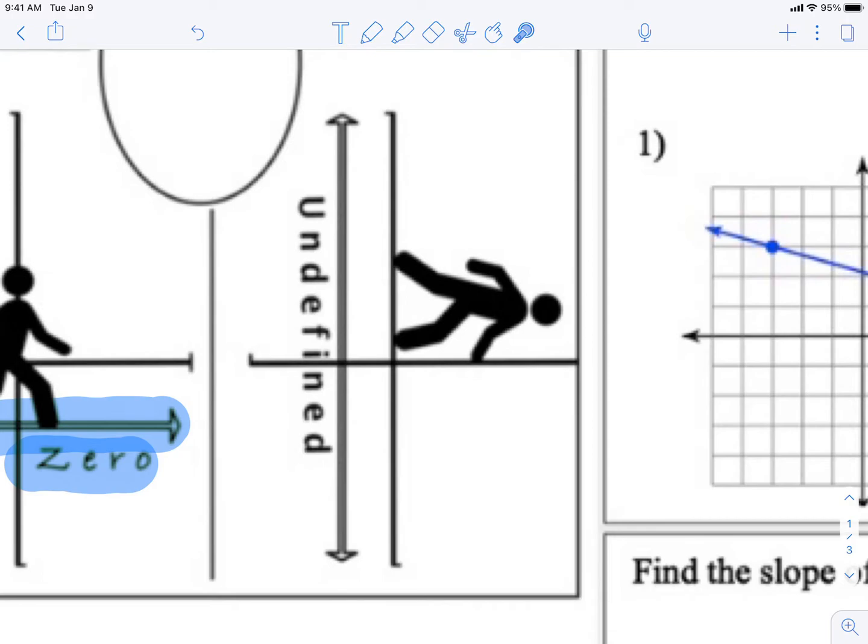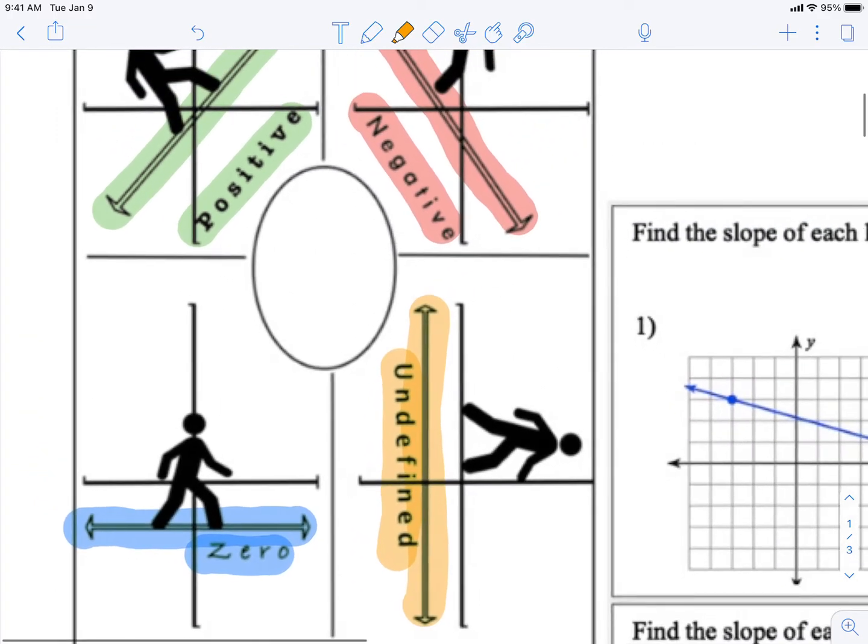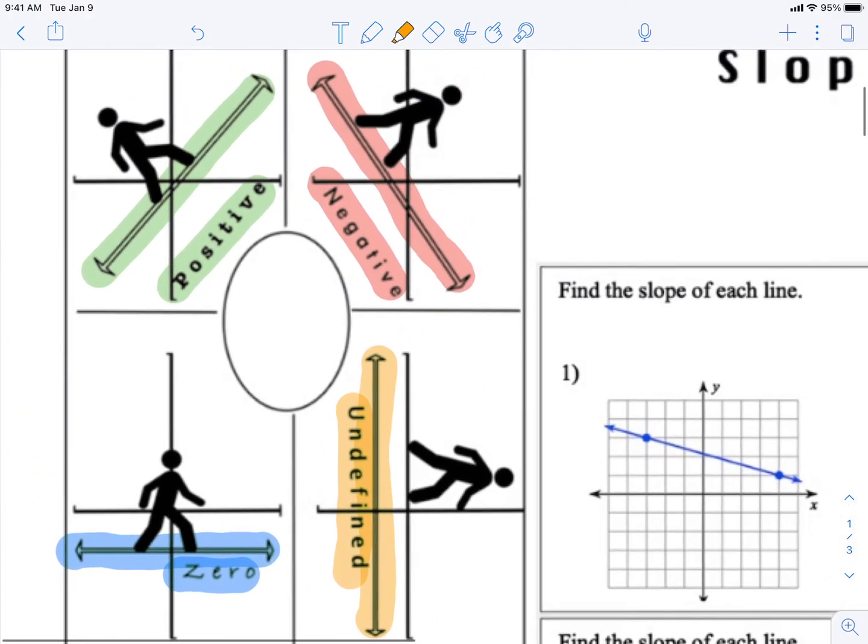It's pretty cool. Anyway, but human beings cannot walk up and down a wall. So that slope is undefined. So we're going to call that one undefined, not zero. But undefined. We don't know. It's impossible.